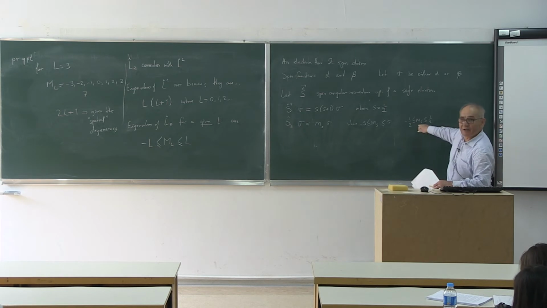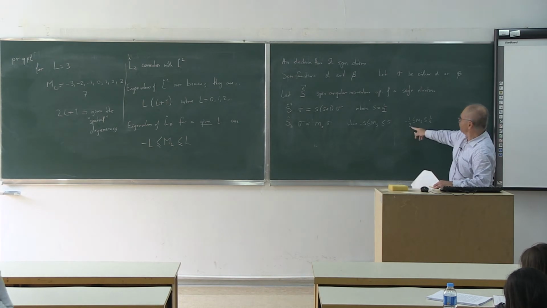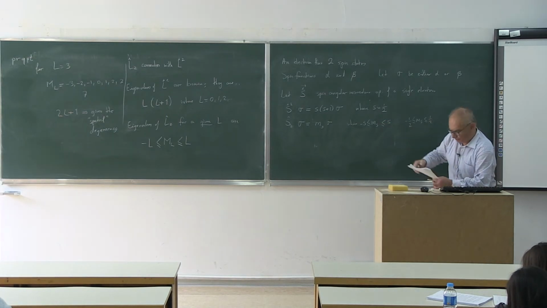So there are just two m sub s values. One is minus 1/2, the other is plus 1/2. m sub s minus 1/2 corresponds to beta. Plus 1/2 corresponds to alpha. All right?